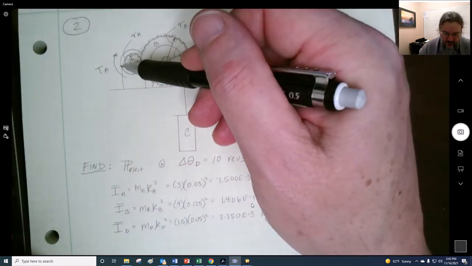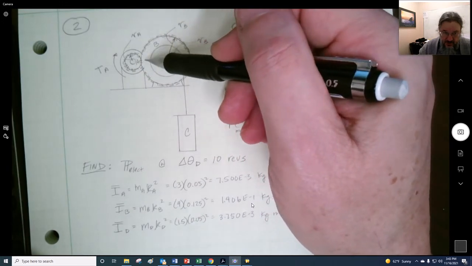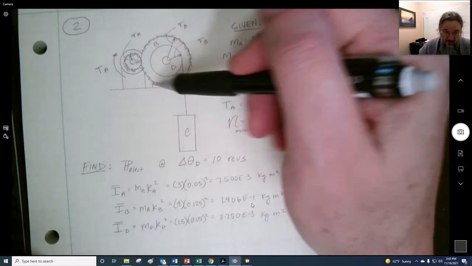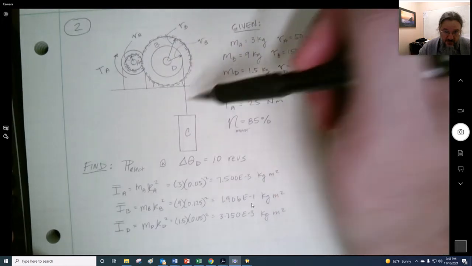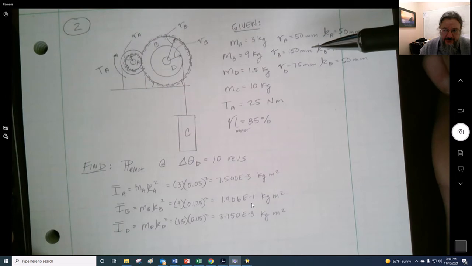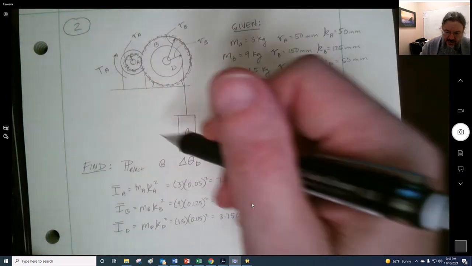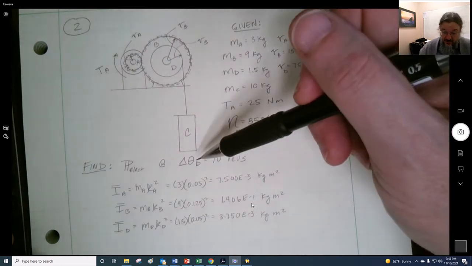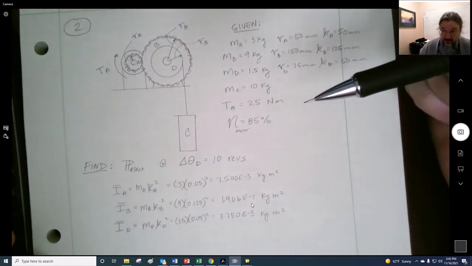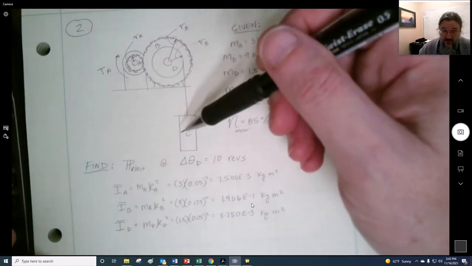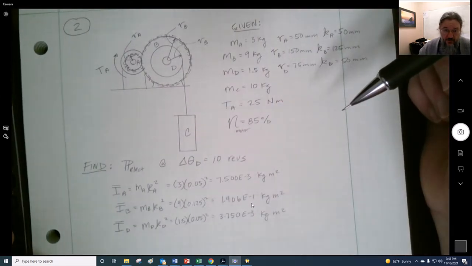First off, this is going to rotate clockwise, which makes this rotate counterclockwise, which lifts this. So in the beginning, we'll use that as the datum, and then it's going to rise. Because we only said it was going to be 10 revolutions, we didn't necessarily say it was up or down, so we just determined it must be going upwards.